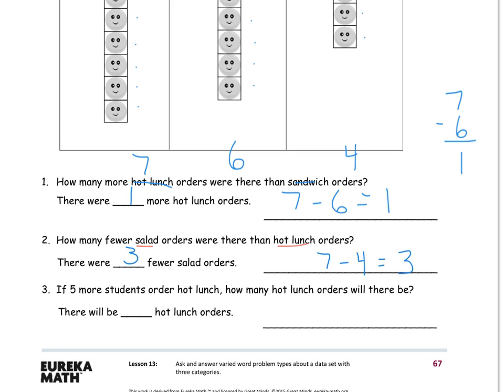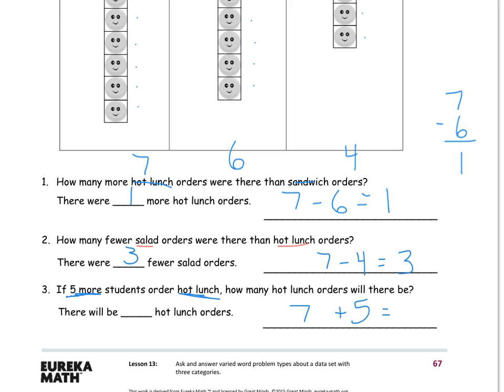So I can look down, and number 3 says if 5 more students order hot lunch, how many hot lunch orders will there be? So I'm starting with my hot lunch of 7, and I'm adding 5 to it because if 5 more students order it.